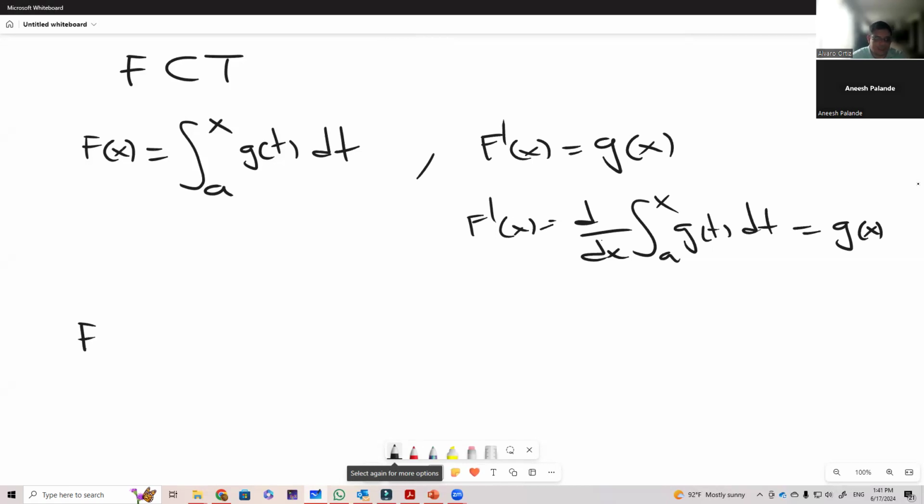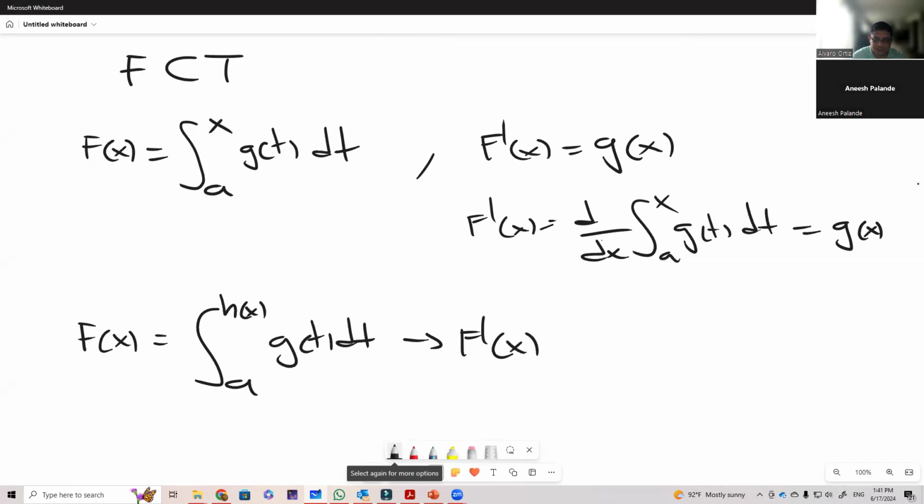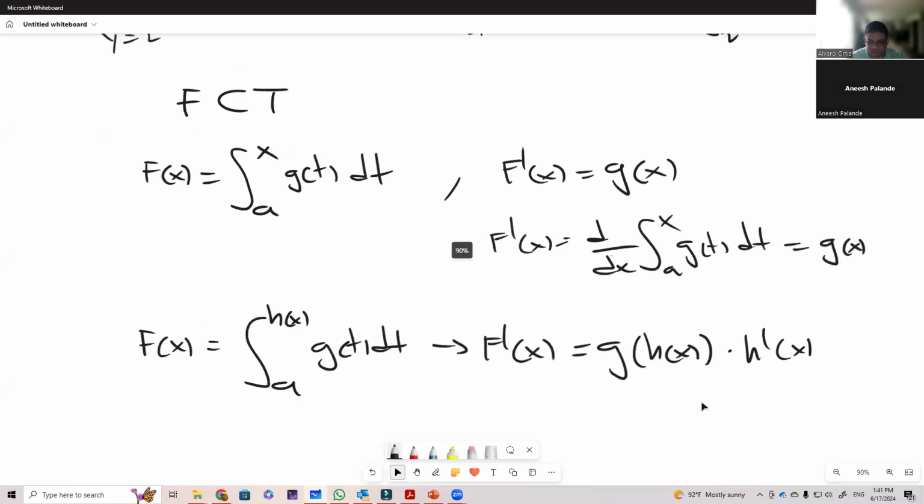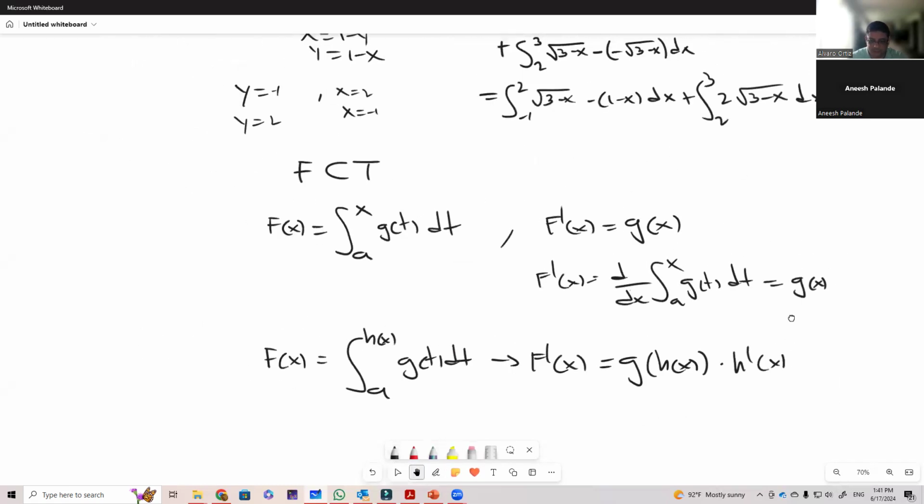Sometimes you're going to have a much more complex function here. For example, if the upper limit equals h of x, with g of t dt, then f prime is going to be a composition: g composed with h of x, times the derivative of this, which is h prime. And that might be one of the exercises that you'll see.